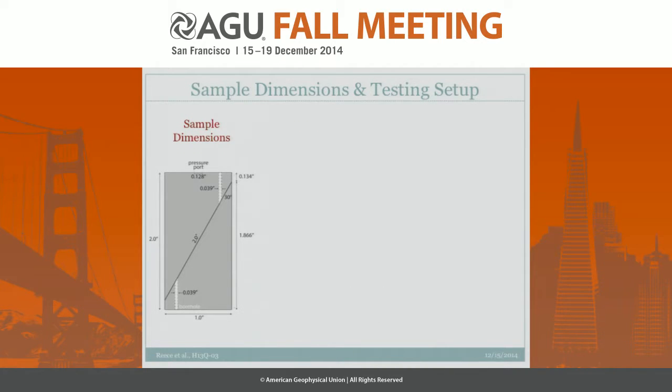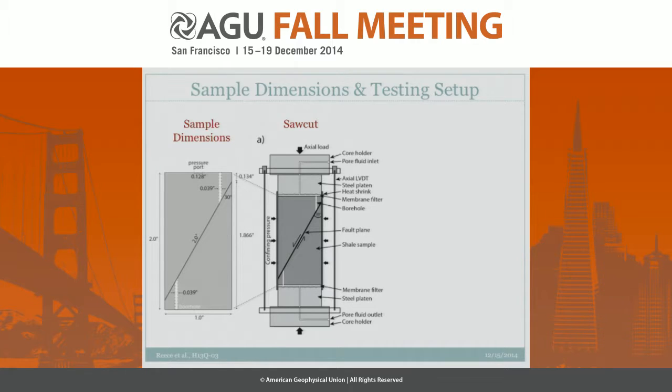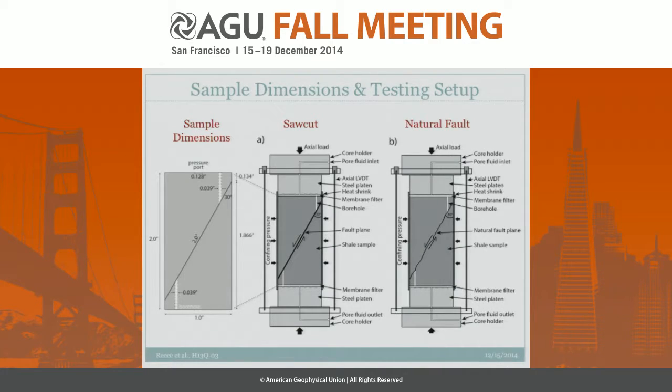And we tested 2 different types of samples. The first type is a Sawcut. So we created a Sawcut at 30 degrees to the core axis in the rock. And the second sample type is a natural fault. So that sample was naturally broken in a previously performed shear test.